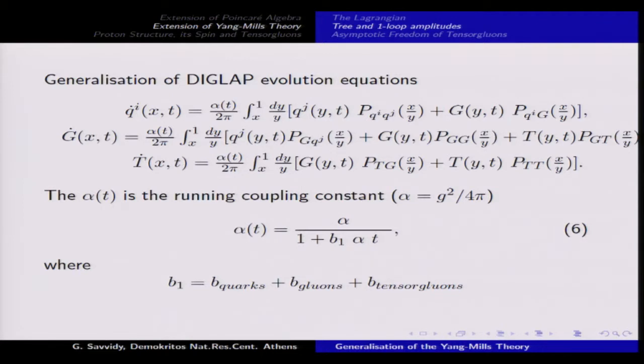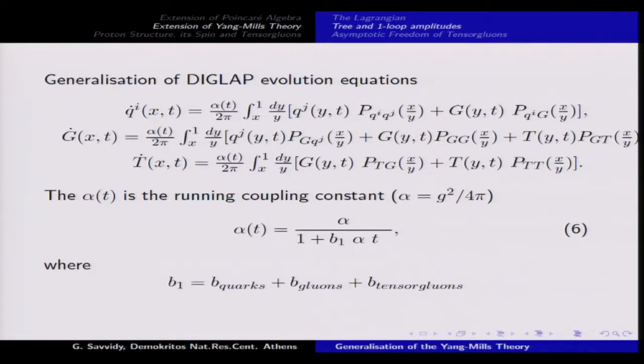Therefore, we have to introduce the tensor density, the density of tensor gluons inside the proton. And we also have the density of tensor gluons changing if the gluons can decay into tensors, and there is a term like this, gluon goes to gluon, and the same for the triple vertex, tensor goes to tensor.